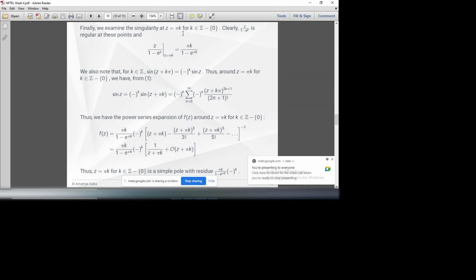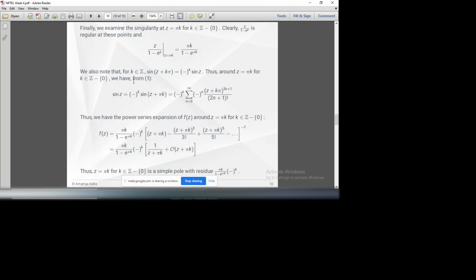We examine the singularities z equal to pi k, again for k not equal to 0. Clearly z by 1 minus e to the power z is regular, and we simply substitute its value at these points pi k, which is this one.